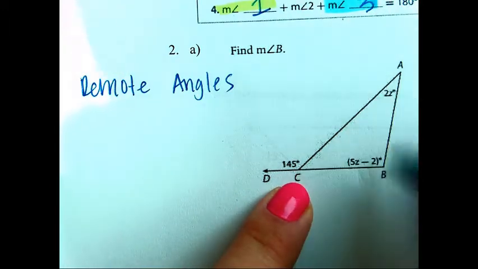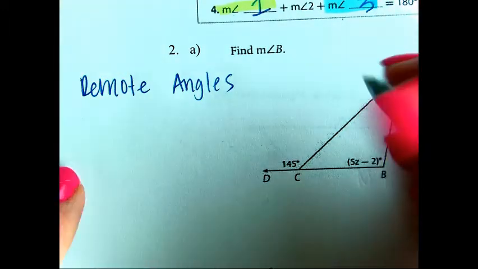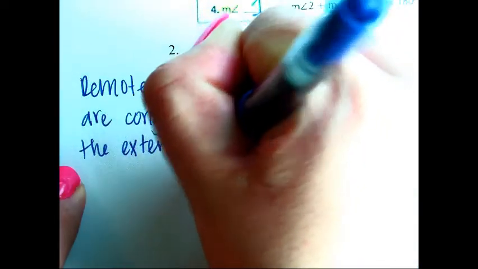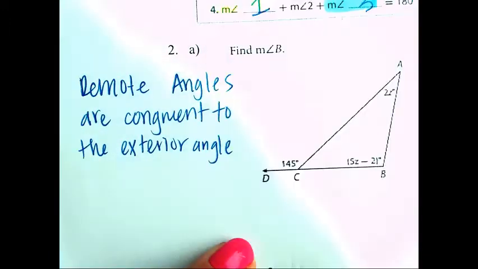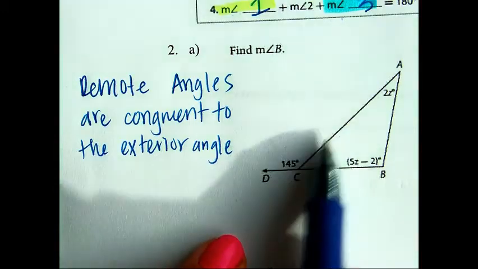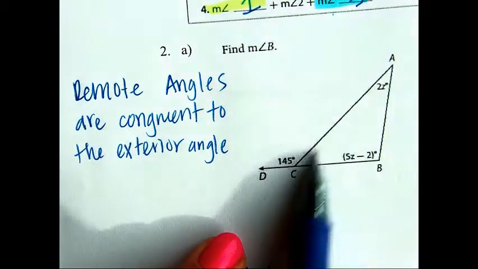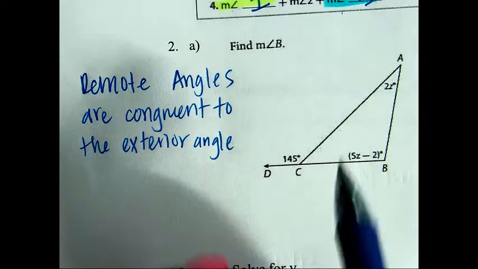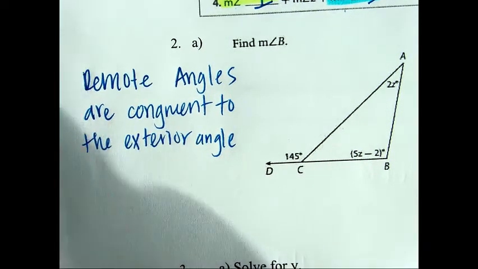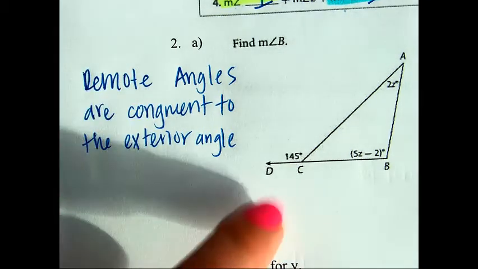So the angles that are furthest away from the exterior angle are congruent to the exterior angle. So that would be angle A, and angle B out here would be congruent to the angle that's on the exterior. So angle ACD. That's the main idea. So we're just doing a practice question and applying this idea to this figure here.